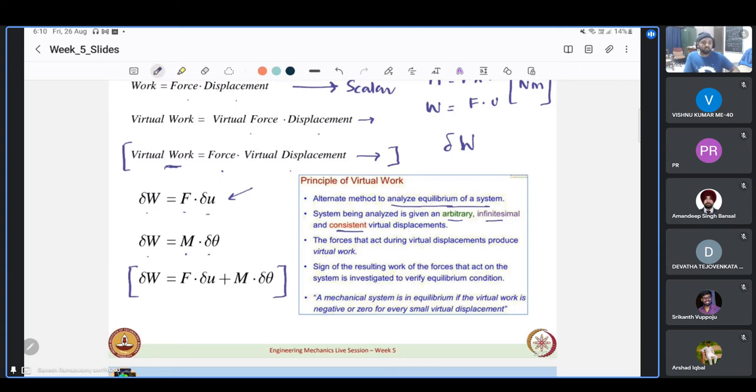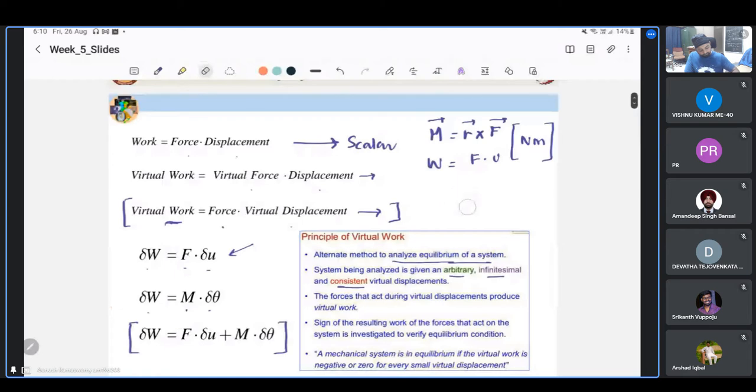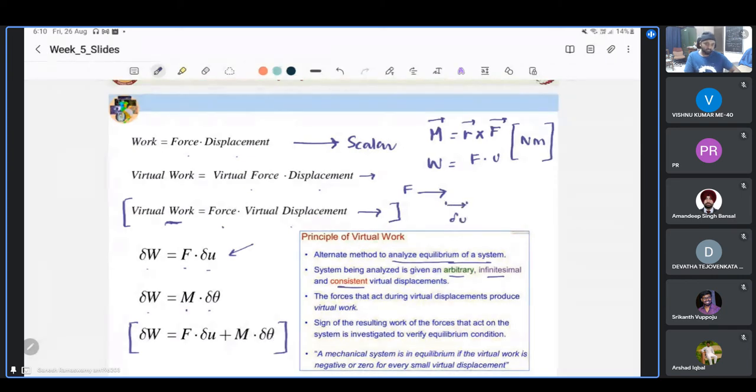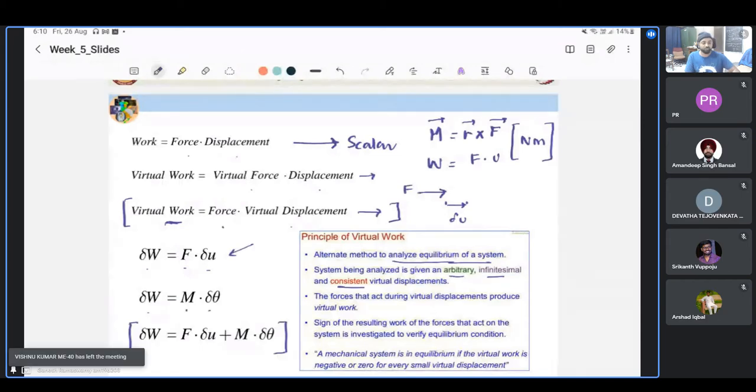Another thing that needs to be kept in mind: if there is a force, let us say this is F, and then it traverses a distance, this is the virtual displacement. Let us say it doesn't actually traverse, it is just an idealization we make. If the force is in the direction of the virtual displacement, then its virtual work contribution is to be taken as positive.